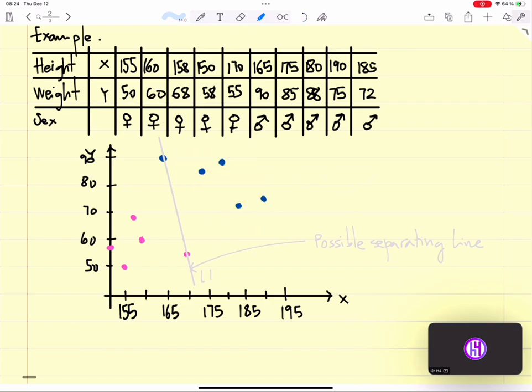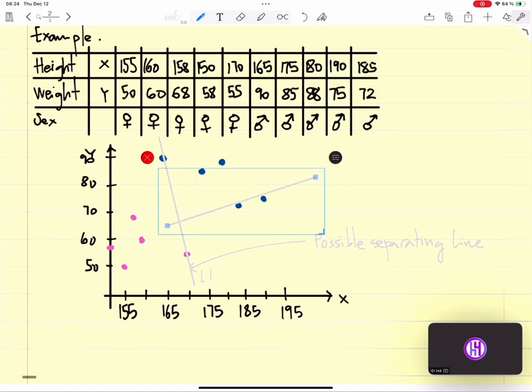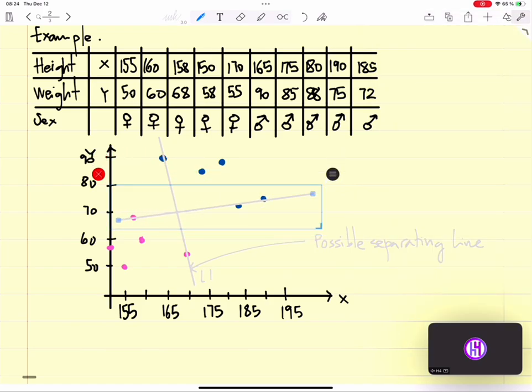It's not the best line because it does not have the optimum distance to the points, but it's a good separating line.